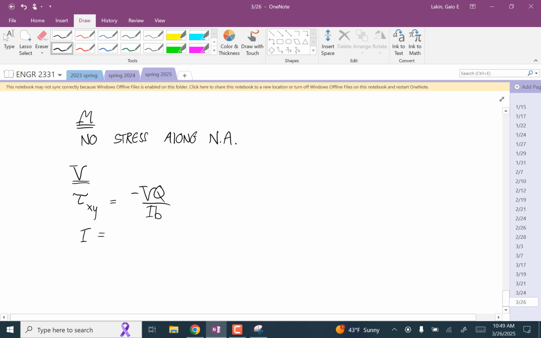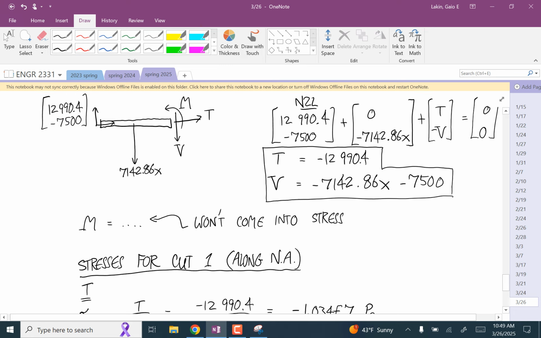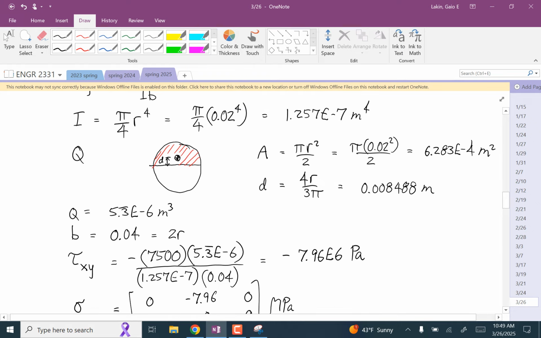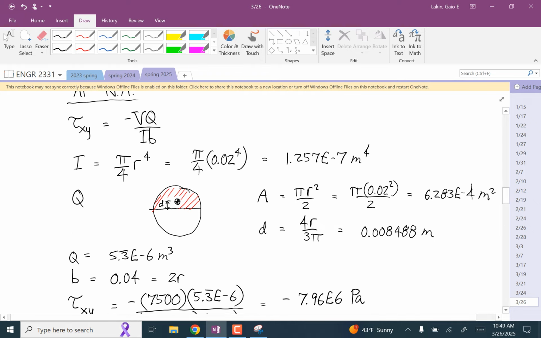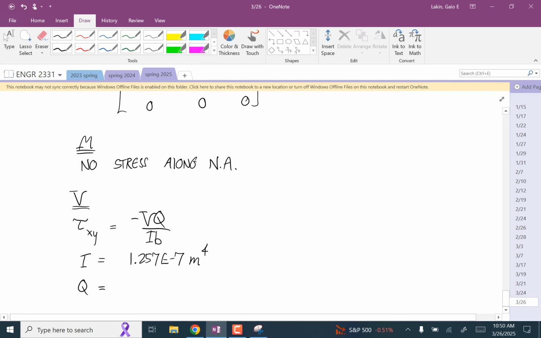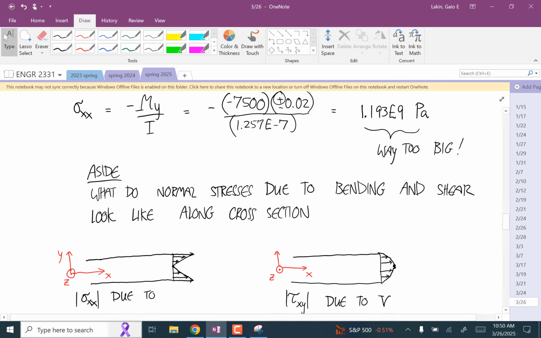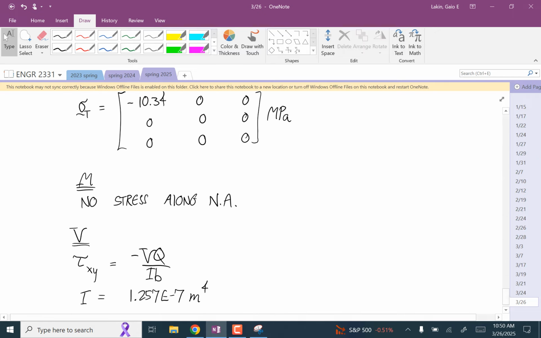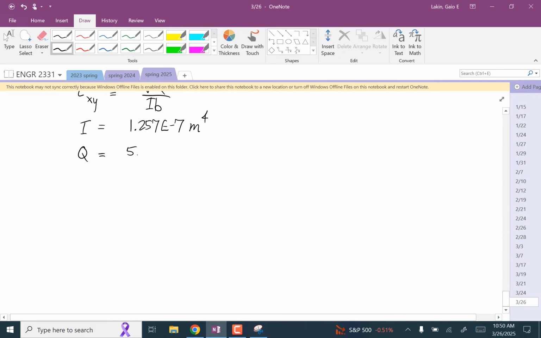I is equal to, well, we already did these for this same dimension on the last one, so yay. Our I is 1.257 times 10 to the minus 7 meters to the fourth. Our Q is 5.3 repeating times 10 to the minus 6.